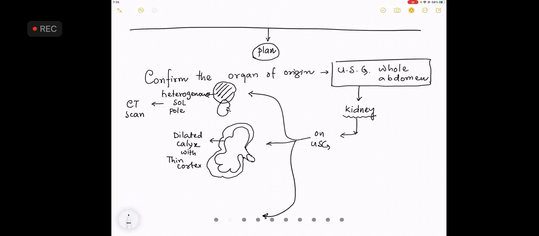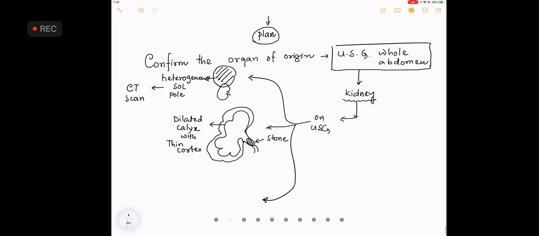I may or may not be able to see a stone. Okay. Hello. Yes, sir. This patient will require an intravenous urogram followed by a DTPA scan.